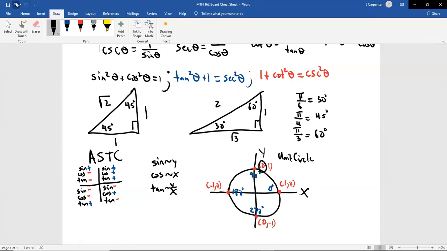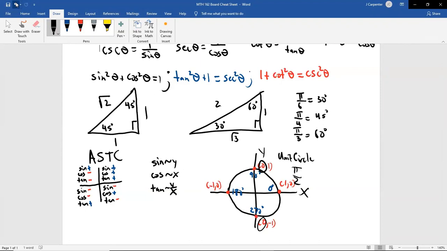X coordinates of 0 are here and here at 90 and 270. 90 degrees, that's pi over 2. But the next one occurs a single pi later. If you add 180 degrees, which is pi, to 90, you get 270. So it's not adding in pi over 2, which is what some people might think it is.